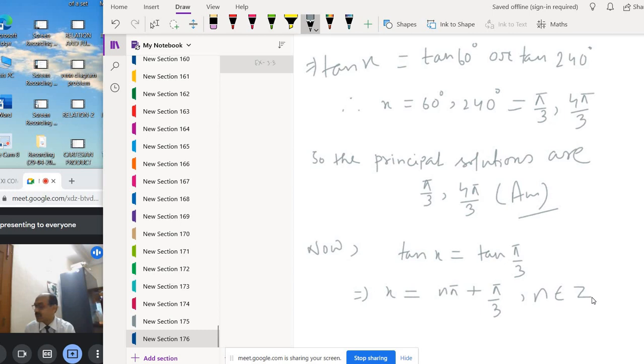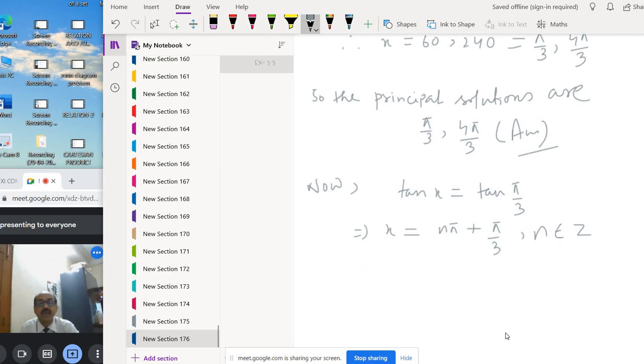So the principal solution is pi by 3 and 4 pi by 3, and the general solution is x equal to n pi plus pi by 3, where n belongs to Z. Okay, clear how to solve this general solution? So you need the formula only. If you know the formula, then you can solve easily. So this is the general solution.